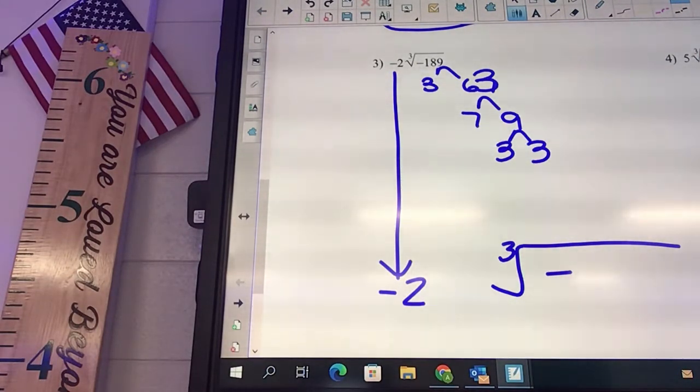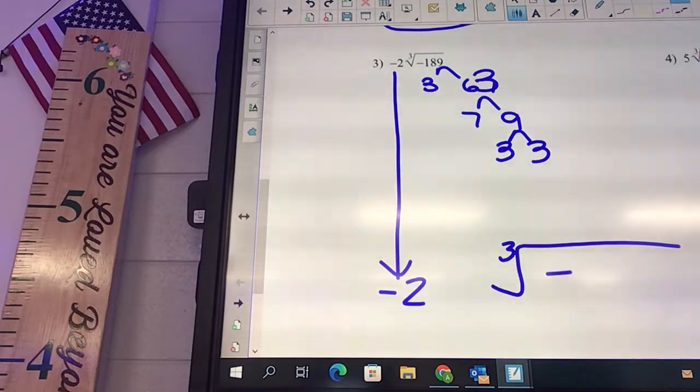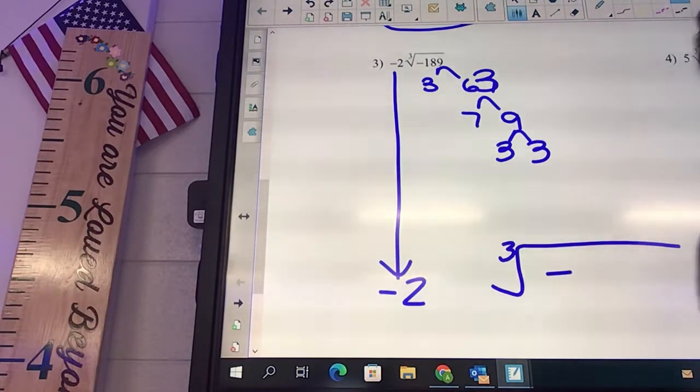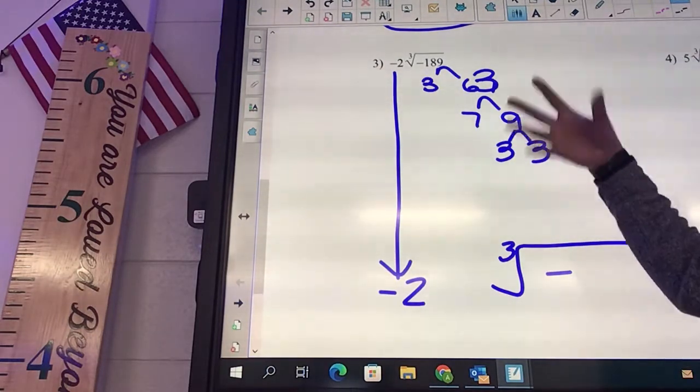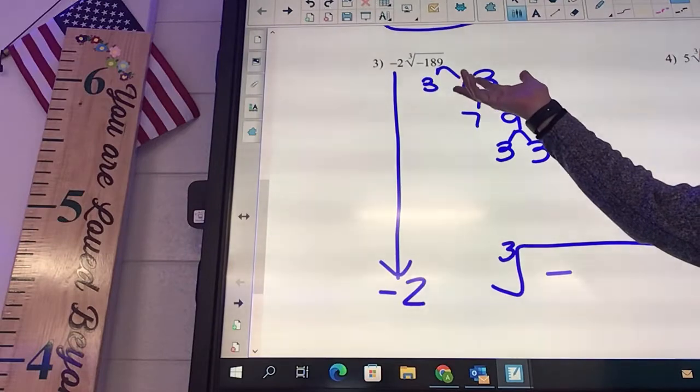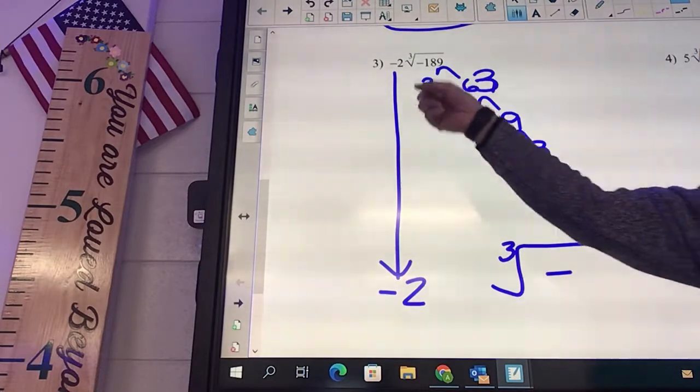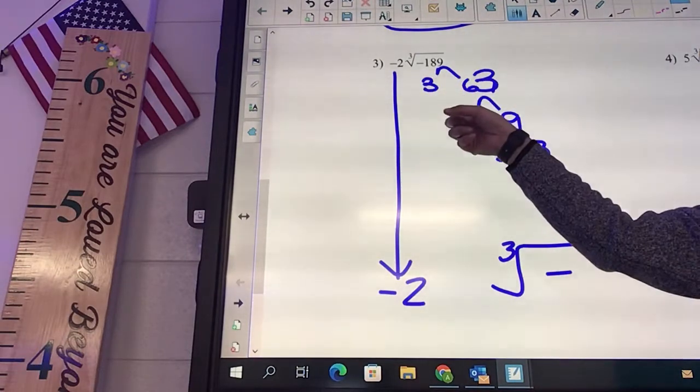That's okay, I did that on purpose. Normally most of you would try 2, and 2 doesn't work, so you try 3. But did you still get three 3s and a 7? Yes, you should. No matter what numbers you pick, if you chose something other than 3 and 63 from the get-go, you should still get 3, 3, 3, 7.